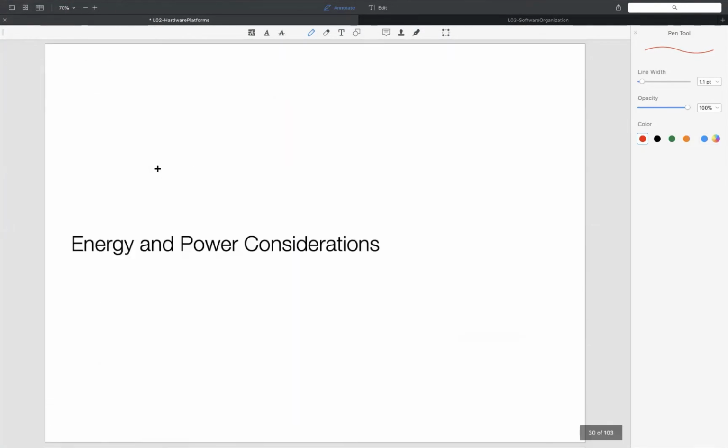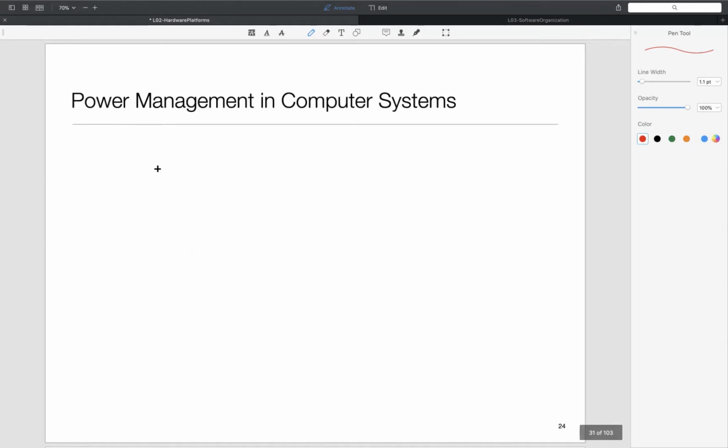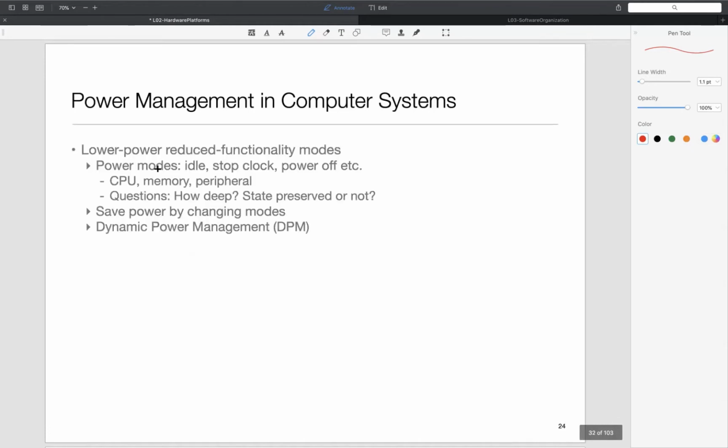Now, one of the things I wanted to go over is that, given at least this lower end type of embedded systems that we are looking at, energy and power considerations matter a lot. And that leads me to discuss this issue of power management. It's very common that computer systems and the components they're made of often provide lower power, reduced functionality modes.